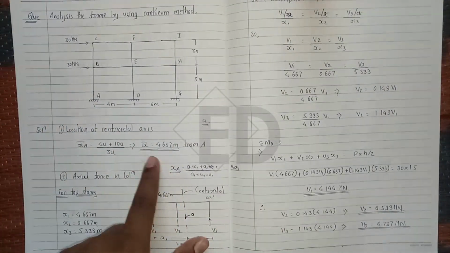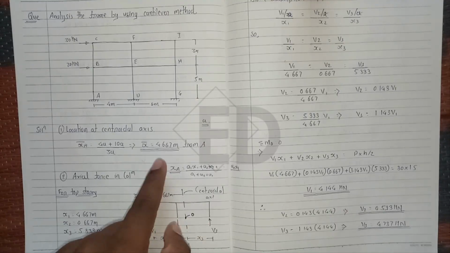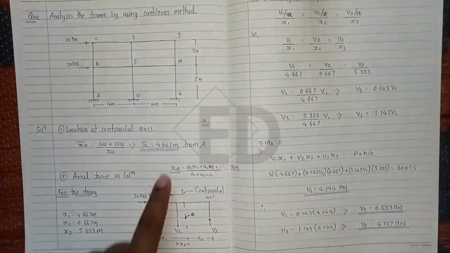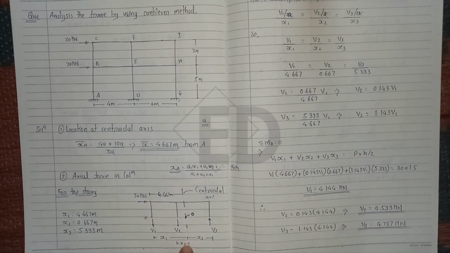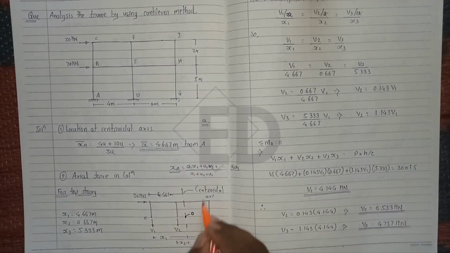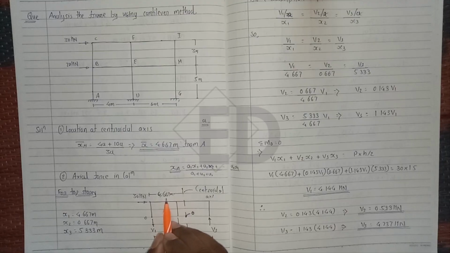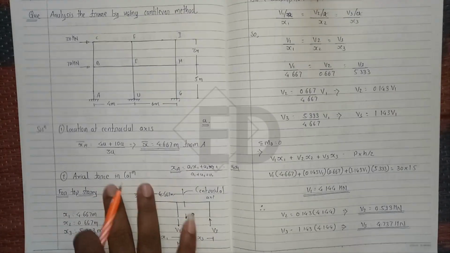Hence we directly get x bar equals 4.667 meter from A. This is the location of the centroidal axis from A. So this centroidal axis is 4.667 meter from this column.